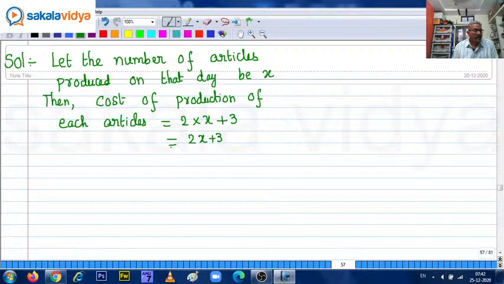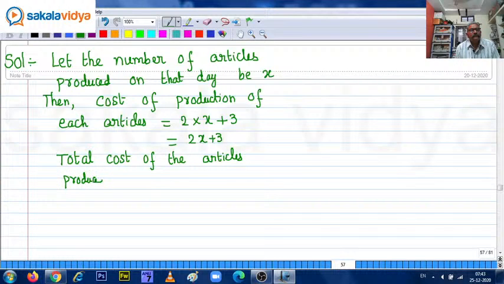Okay. Next, now what is given? The total cost of the articles produced on that day is equal to the number of articles multiplied by the cost of each article.